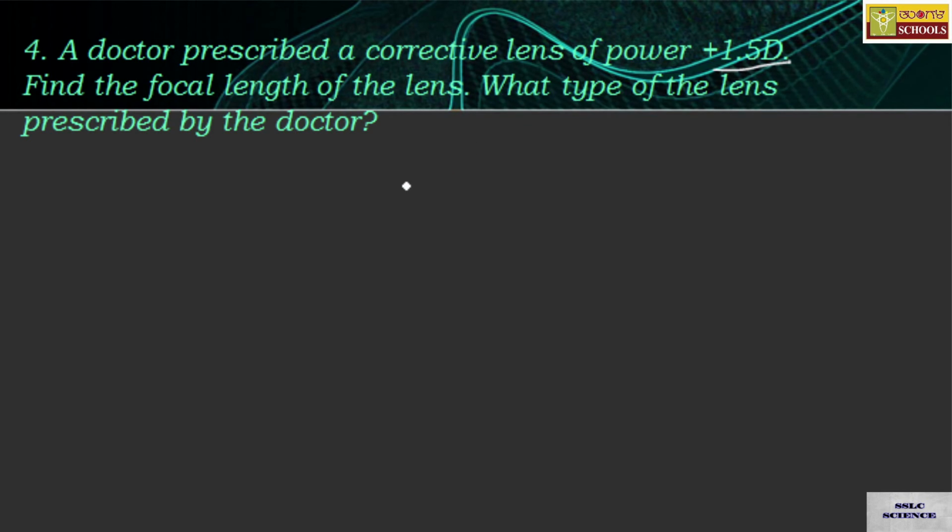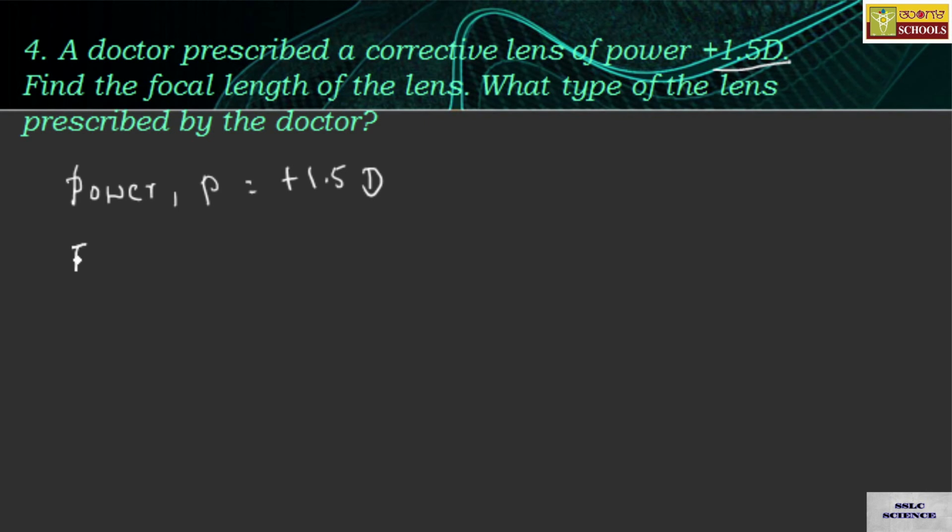What type of lens is prescribed by the doctor? Again, here we have the power value. Power P is equal to plus 1.5 diopter. So what is the focal length?